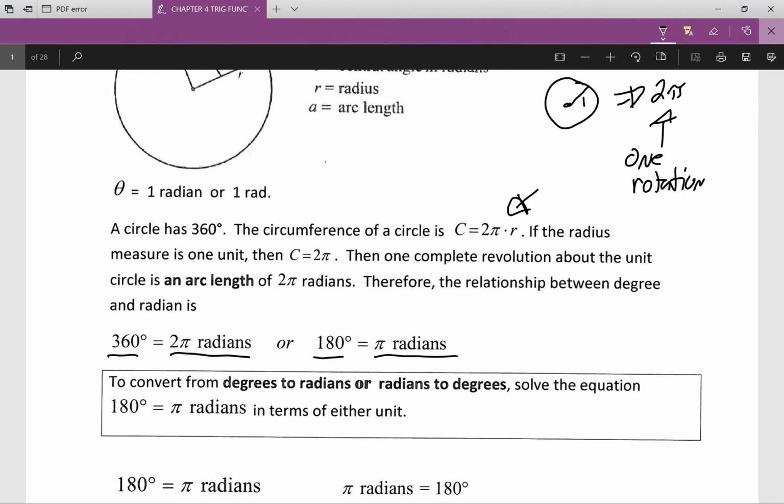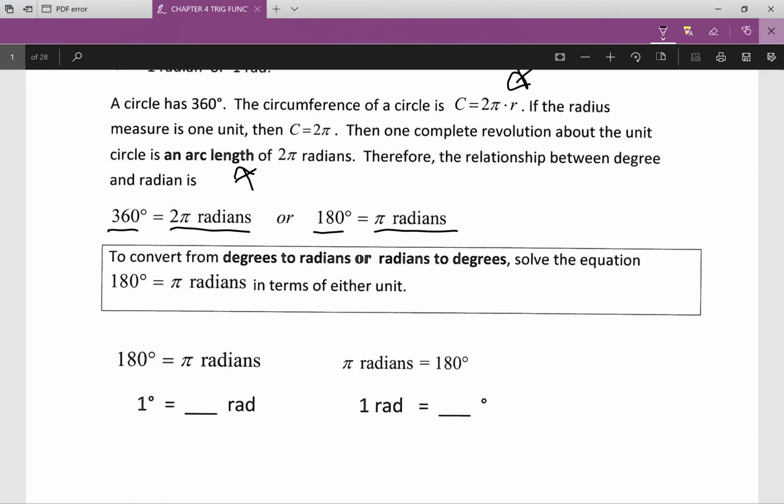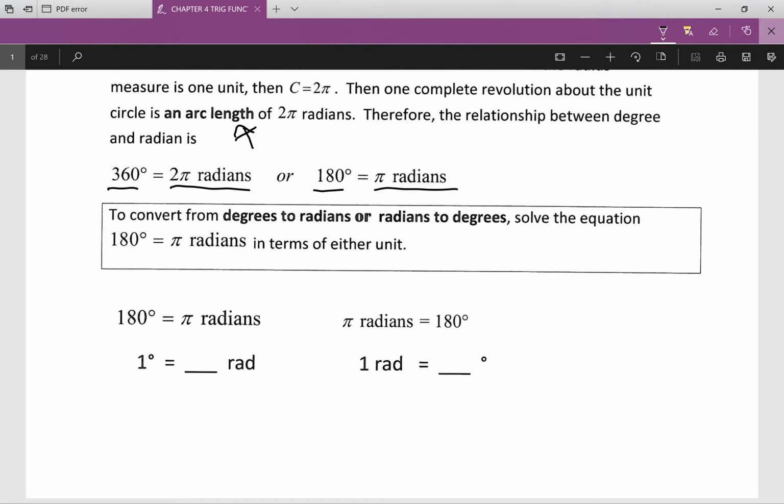Now, we're going to talk a bit more about arc length later on in this lesson, so I'm not going to get too caught up in that right now. What we're instead going to do is focus on converting from degrees to radians or radians to degrees. So I have 180 degrees equals pi radians.